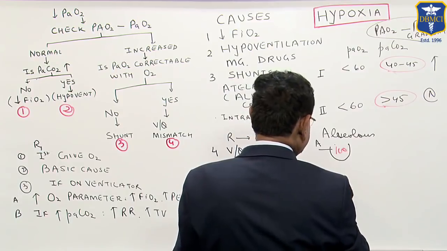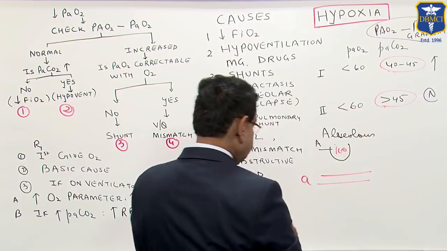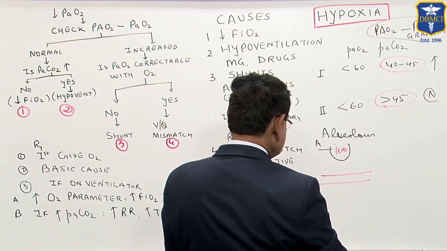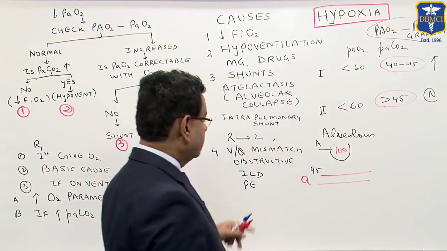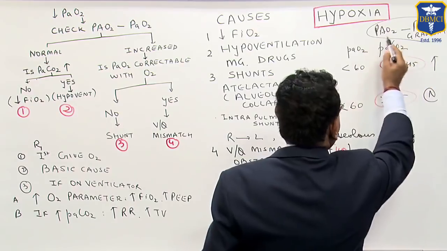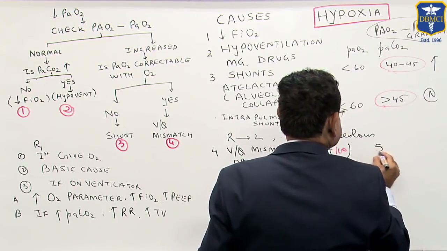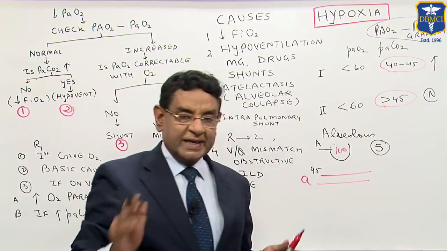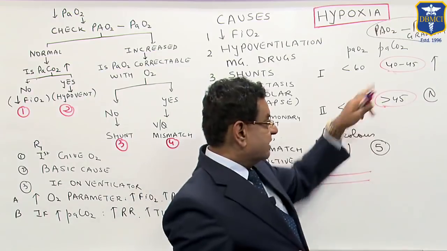This is arteriole, small a. Normal arteriole pressure is 95. Okay. So normal alveolar PO2 is 100 and normal arteriole is 95. So gradient is how much? 5, normal gradient. In type 1, this gradient is increased.